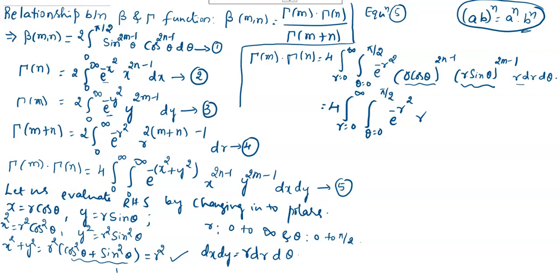If the base is same, we can add the powers, and simultaneously take 2 as common, and we get 2m plus 2n, and here 1 gets cancelled and we get minus 1.